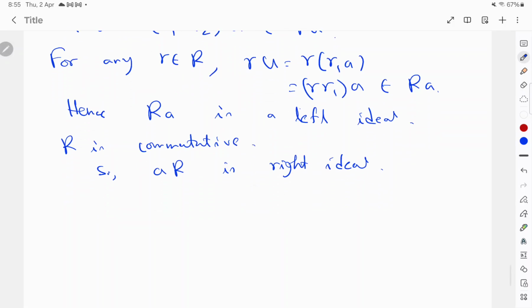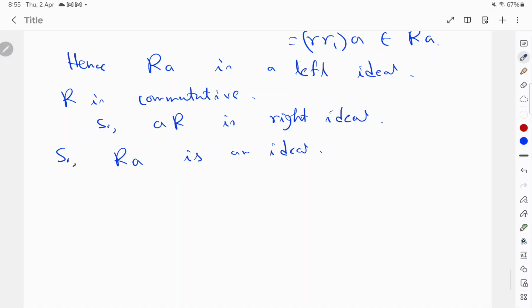Combining these two, you have Ra is an ideal. So since R has no proper subset ideals, obviously you see Ra cannot be 0, right? So you have only Ra equal to R.